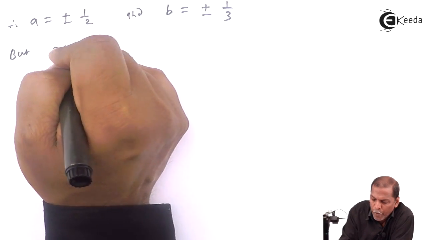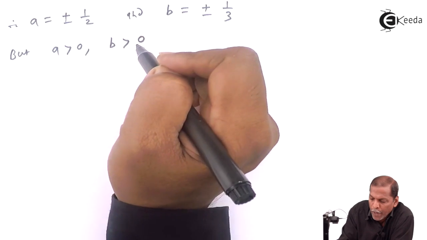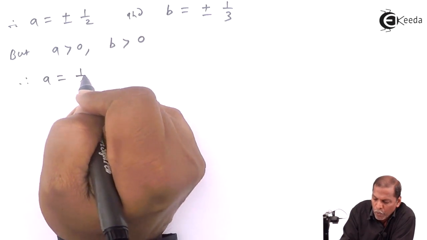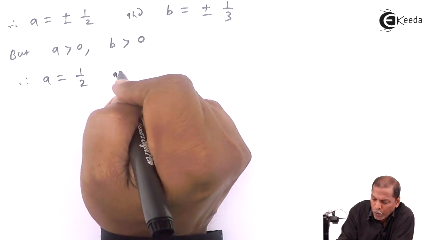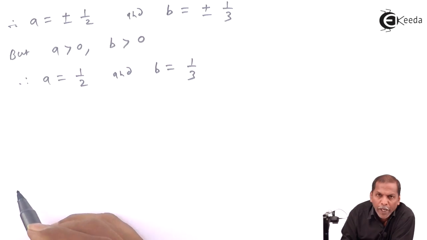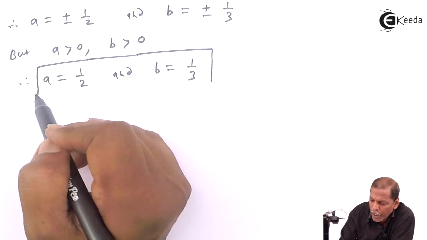But in the problem they mention a must be greater than 0, and at the same time b also greater than 0. So we must have a is equal to 1 by 2 and b equal to 1 by 3. So in this way we get the values of a and b.